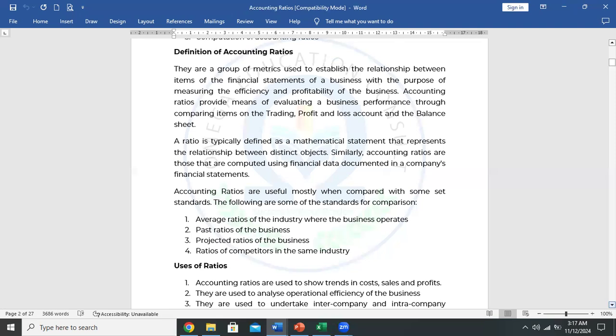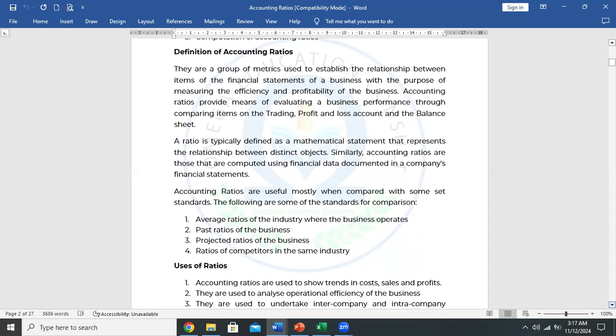So for instance, we can have a relationship between the gross profit and our net sales revenue. We can have a relationship between our capital employed and the net profit. We can have a relationship between our total fixed assets and, let's say, sales, right? So this is the picture I want to put in your mind.